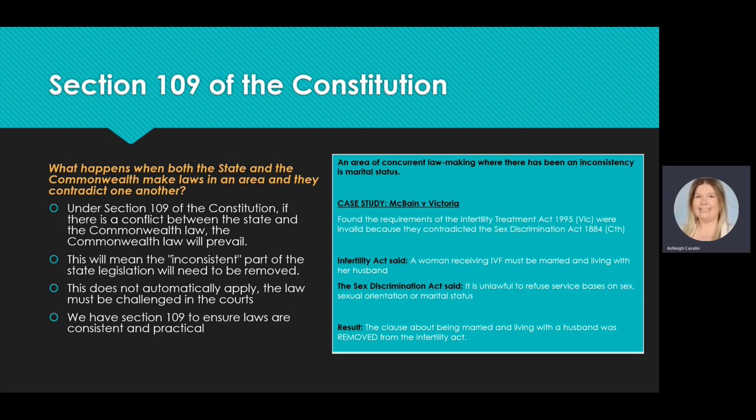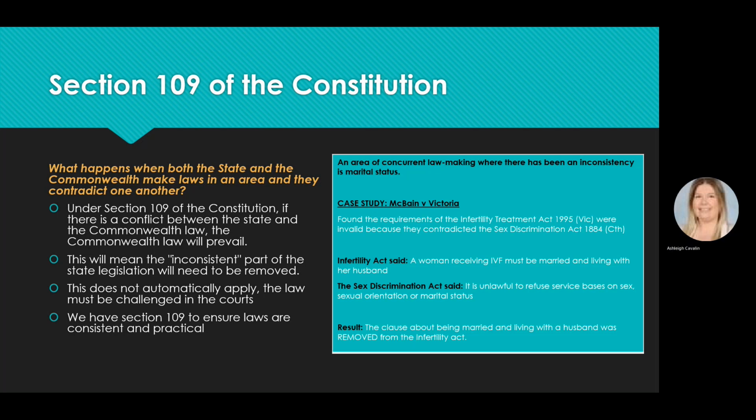There was a woman named Lisa Meldrum who he used as part of his claim, and Lisa was a woman in a same-sex relationship. Now, if he was to give Lisa IVF under the Infertility Treatment Act, he would commit a crime because he's not allowed to give this to Lisa because she was not married or living with a husband.